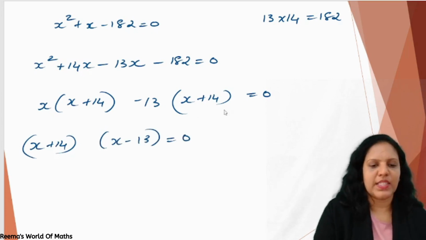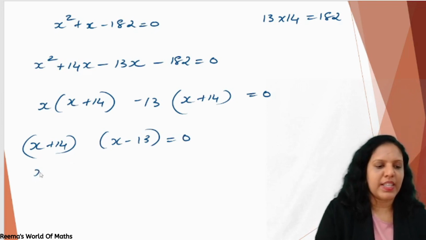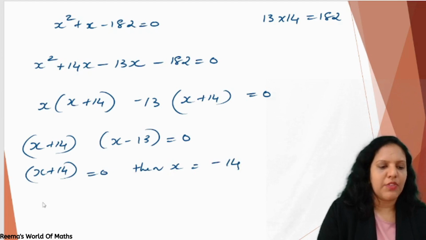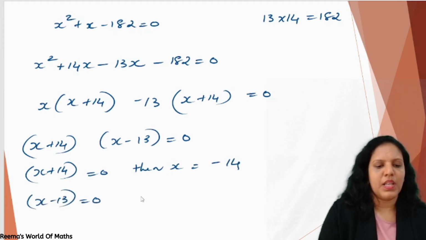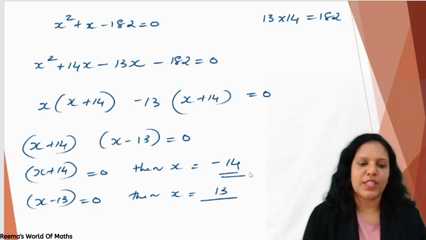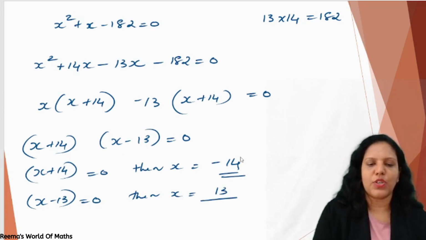So if x plus 14 is equal to 0, then x equals minus 14. If x minus 13 equals 0, then x equals 13. So here in the question it is mentioned it is a positive integer. So we can't consider minus 14. It is a positive integer, so this is not correct.